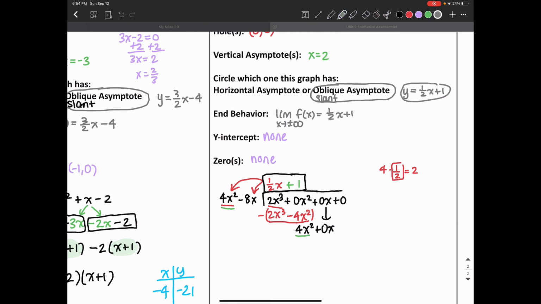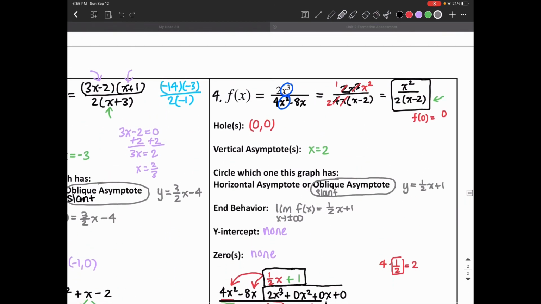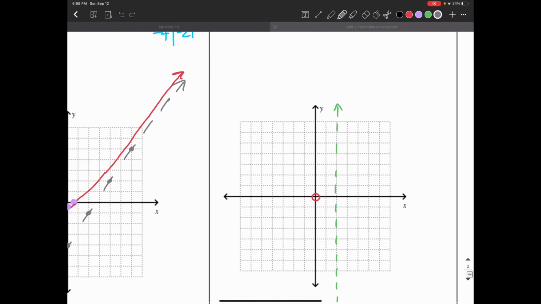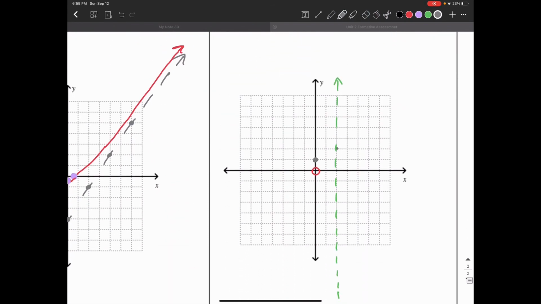I'm starting at 1, and then I have a slope of 1/2. So I'm going up 1 to the right 2, up 1 to the right 2, and down 1 to the left 2, down 1 to the left 2, and then I'm going to connect these with a dashed line, and that should be good.